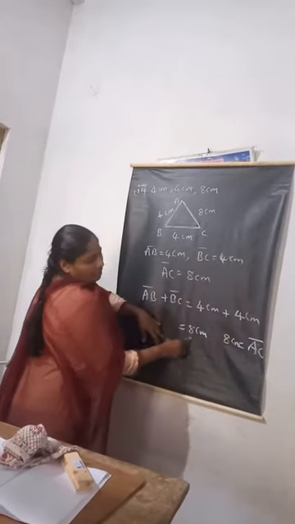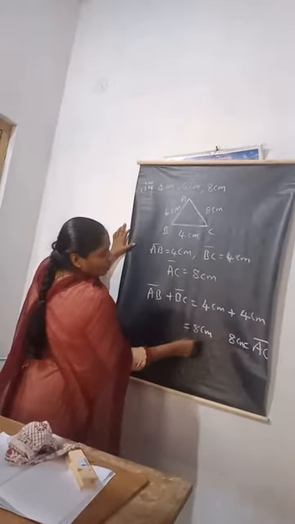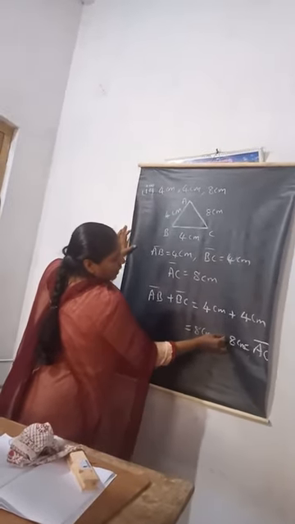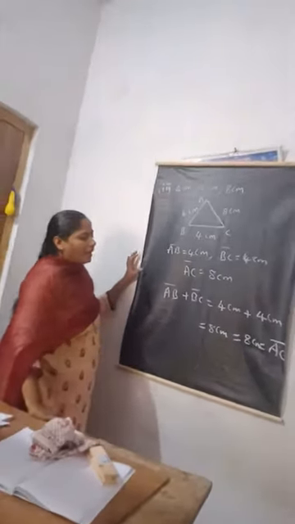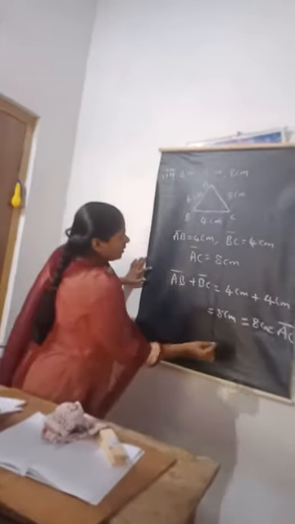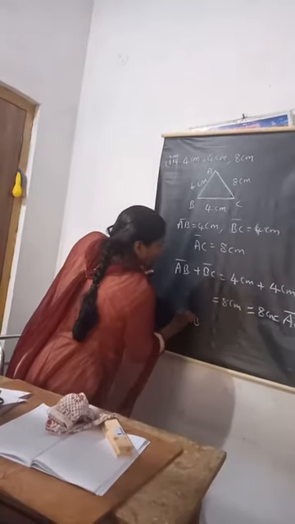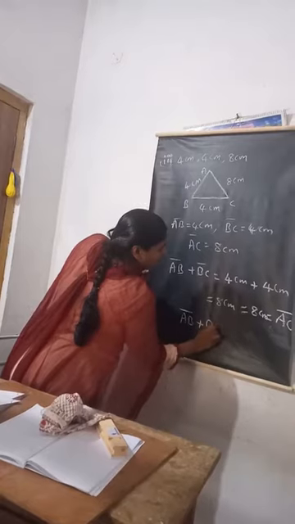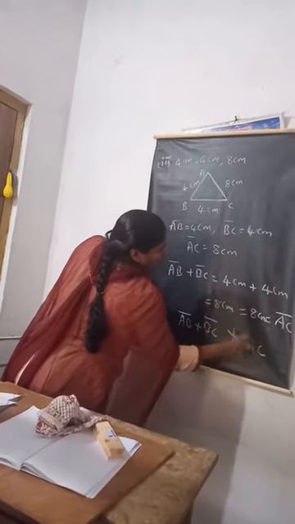This is 8 centimeters, this is also 8 centimeters. What is the relation between these two? These two are equal. Equal is not greater than. Therefore, AB plus BC is not greater than AC.